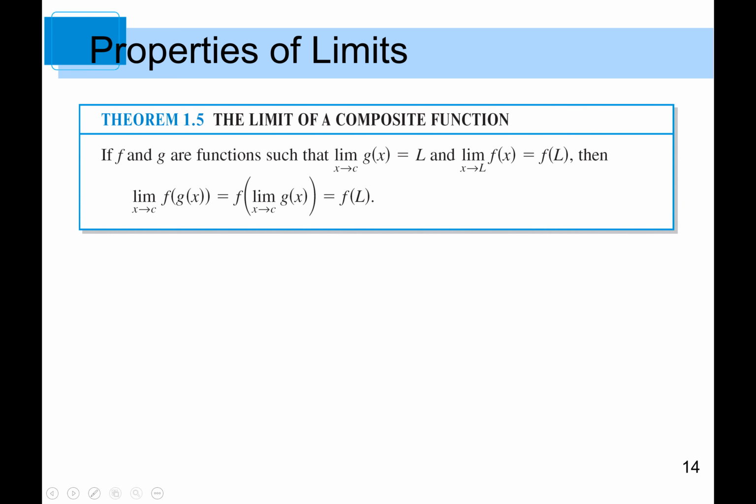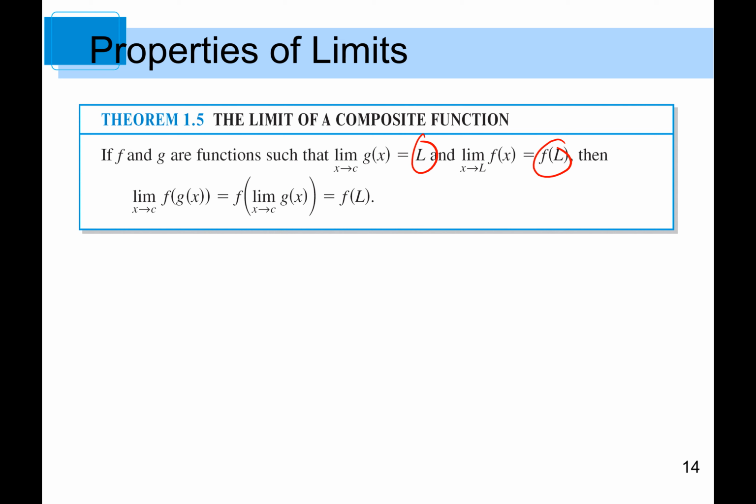Limit of composite functions. If f and g are functions such that the limit of g of x as x approaches c is L, and the limit of f of x as x approaches L is f of L, then the limit of f of g of x becomes f of the limit of g of x as x approaches c.